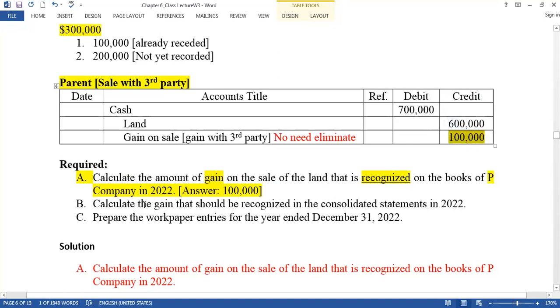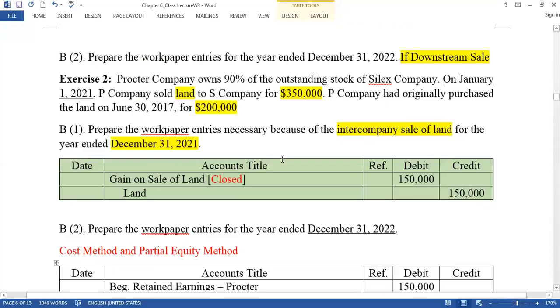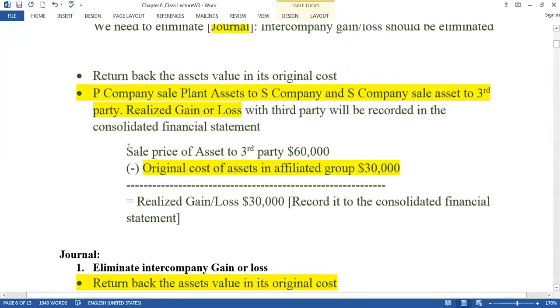But look at the same question I asked here. Calculate the gain that should be recognized in the consolidated financial statement. So when we record gain for the consolidated financial statement, we have this method: sales with third party minus original cost.